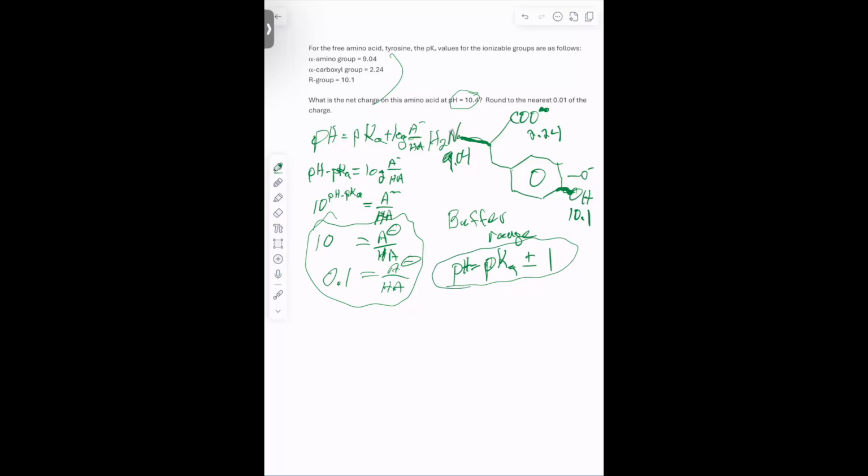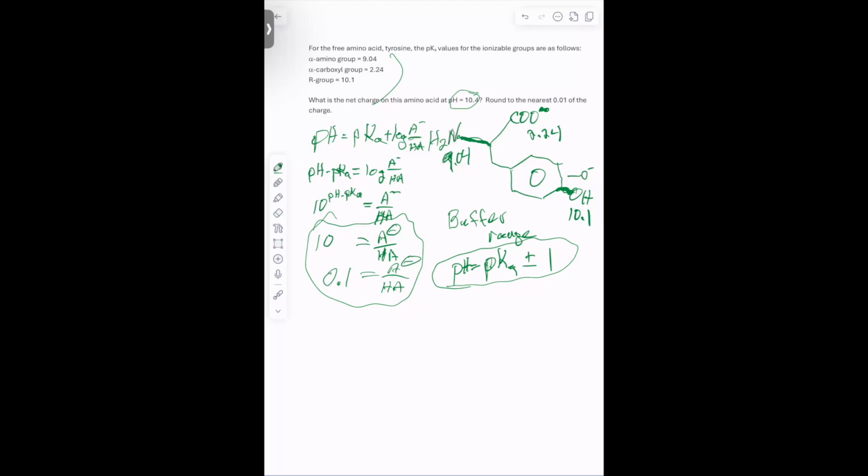So obviously, once you get outside of a pH unit away, then you're going to diminish the buffering capacity because there's going to be significantly less A minus and HA around relative to one another. And you lose the buffering capacity.